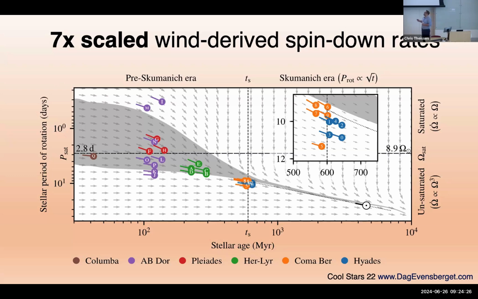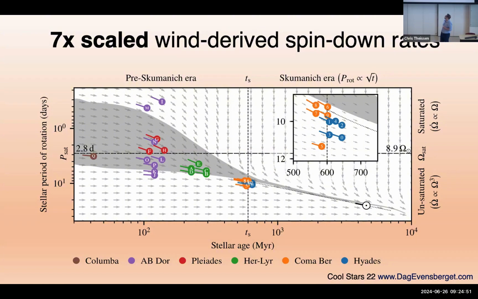These little tails I've drawn onto each of the data points are the instantaneous spin down rates you would have based on the background field, which is based on that gyro track relation, the broken power law, where we have either constant spin down time scale or the Skumanich spin down.